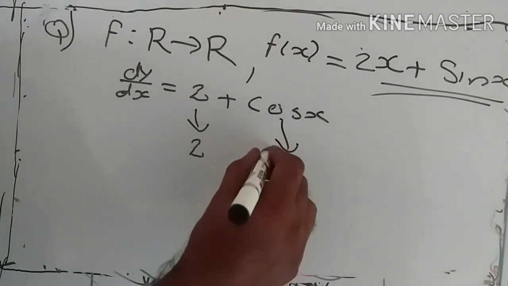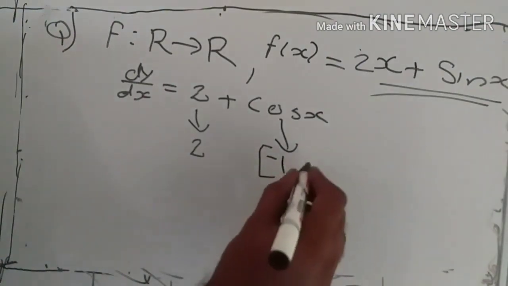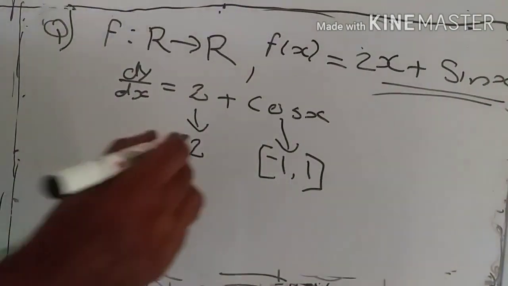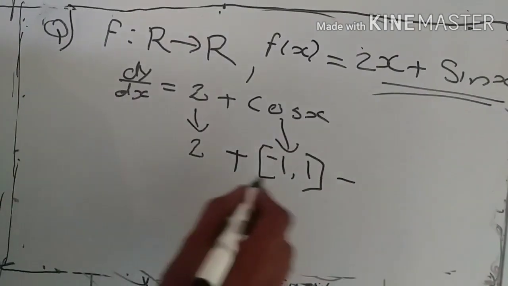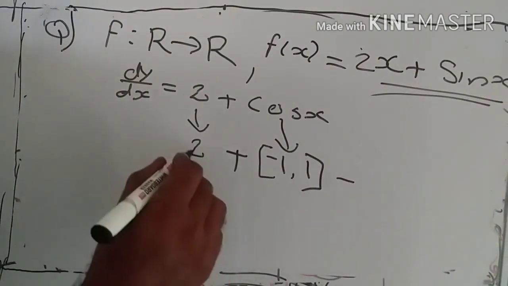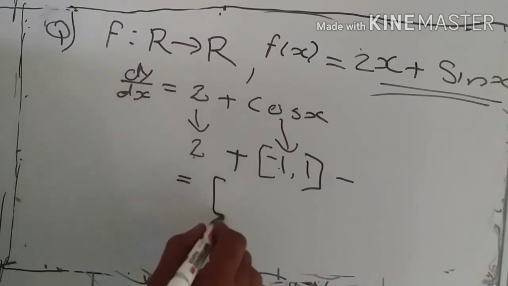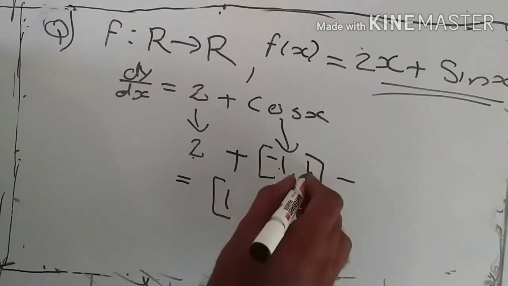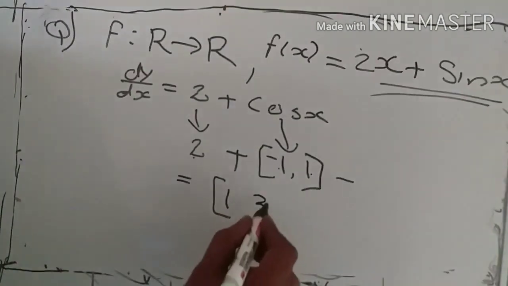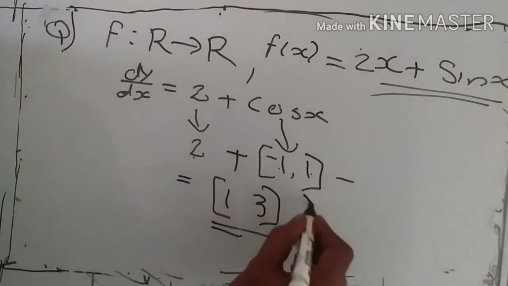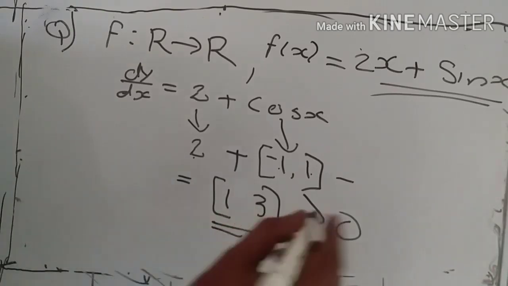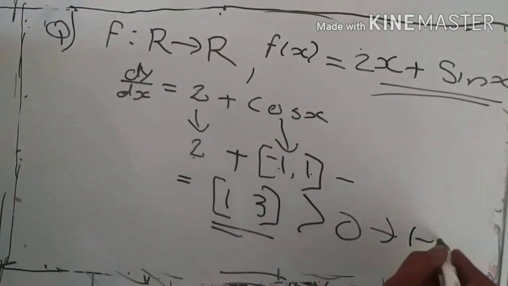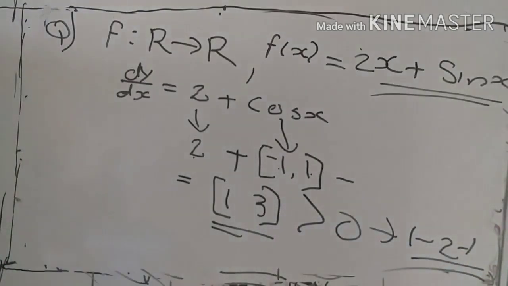The value of cos x is between minus 1 and 1. So 2 plus this closed bracket, that is 2 plus minus 1 to 1, gives 1 to 3. This is greater than 0. The interval is 1 to 3. So the function is 1 to 1.